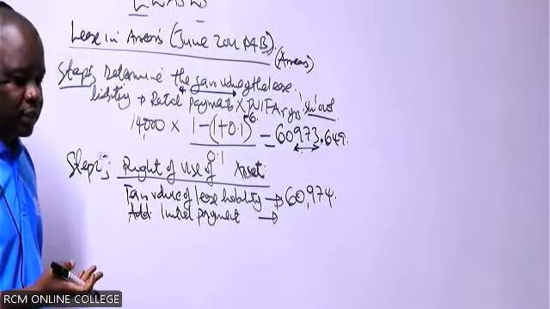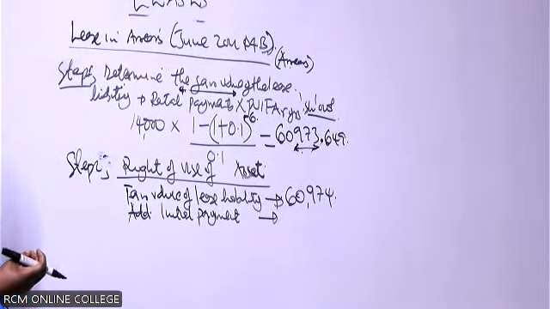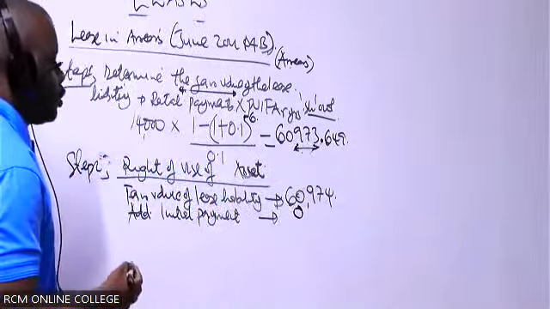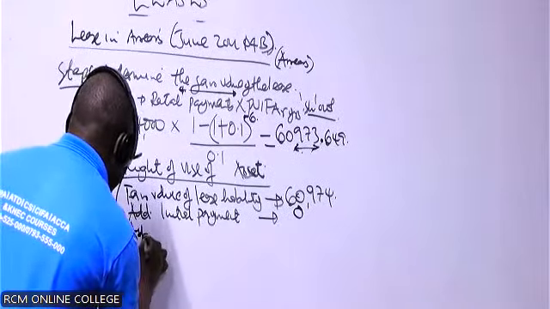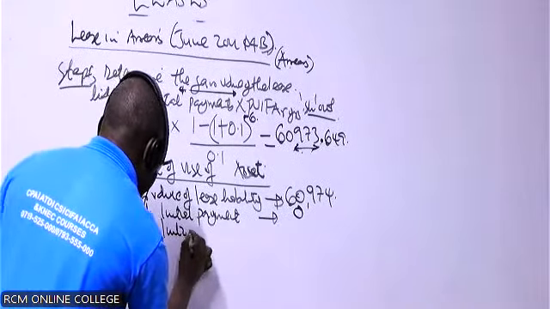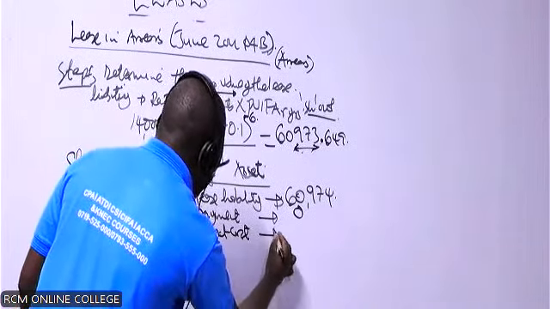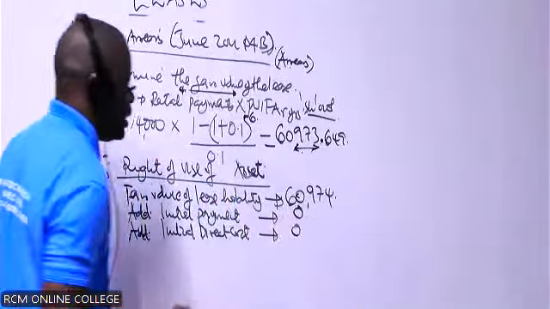Charity, do we have an initial payment in our question or we do not have? It is not there. So it simply means this one is 0. Also, we said you can add on any initial direct costs. In our question, do we have any initial direct cost? It is not there. It will be 0.